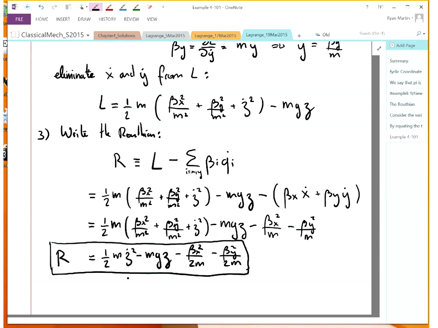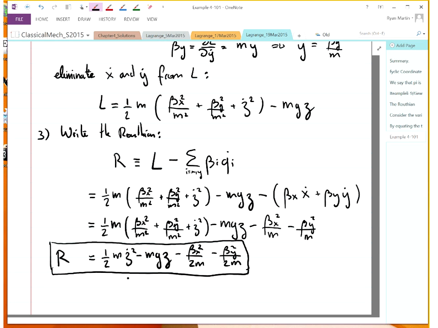So our Routhian truly does not depend on the cyclic coordinates. That doesn't mean that we don't want to know how the cyclic coordinates evolve with time. So we better be able to figure out what the equations of motion are for x and y. But we do have a description that doesn't involve them, which was the goal.